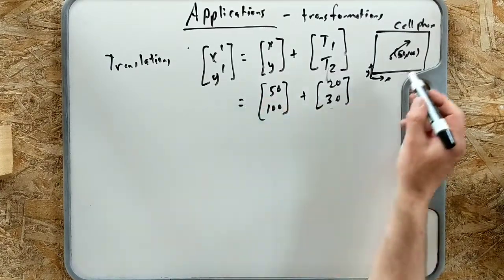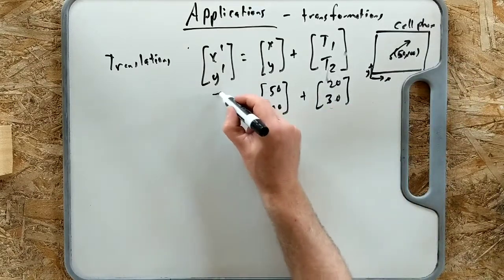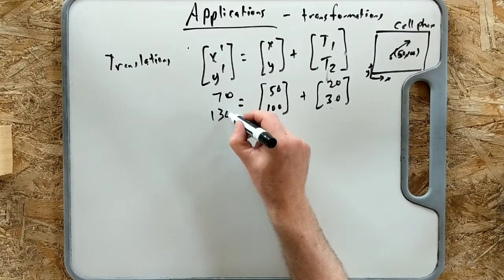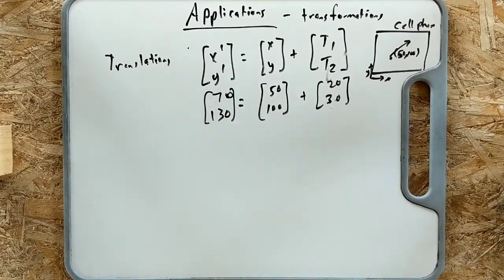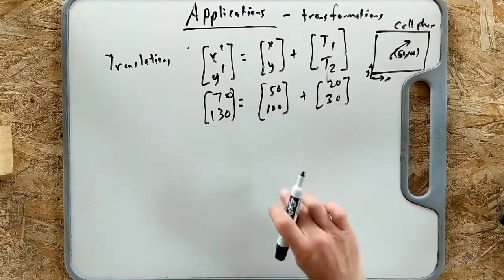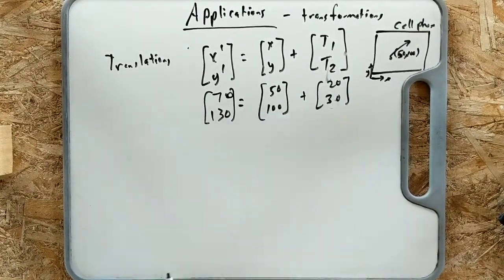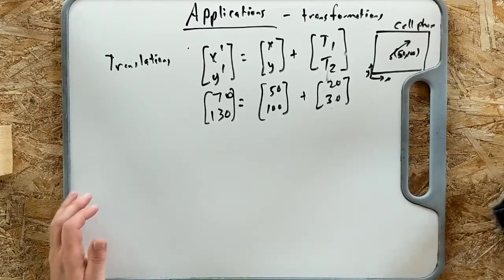So that means my new point, after I do that, will be 50 plus 20, or 70, and 30 plus 100, or 130. So that's how translations work. You simply add the movement you're doing, which is usually a movement of your finger across your screen, to the original number.